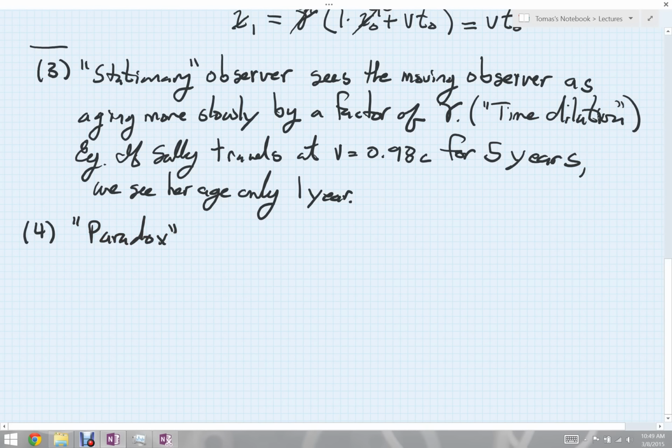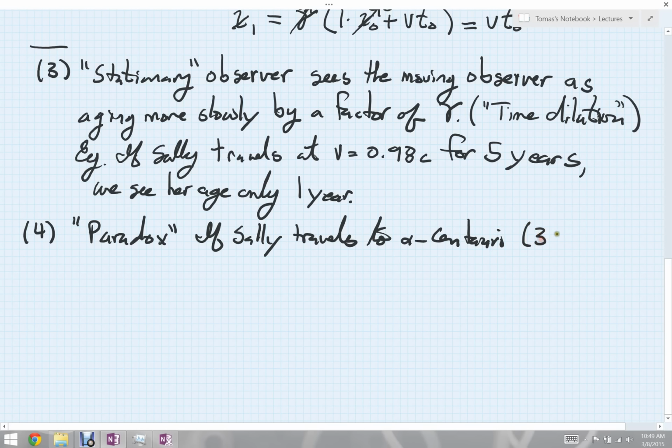Suppose Sally travels at that speed to Alpha Centauri, that's a nearby star, and the distance to it is 3 light years away.